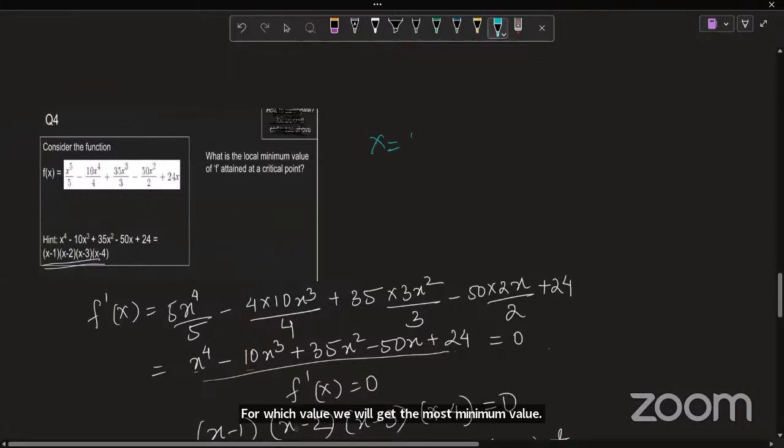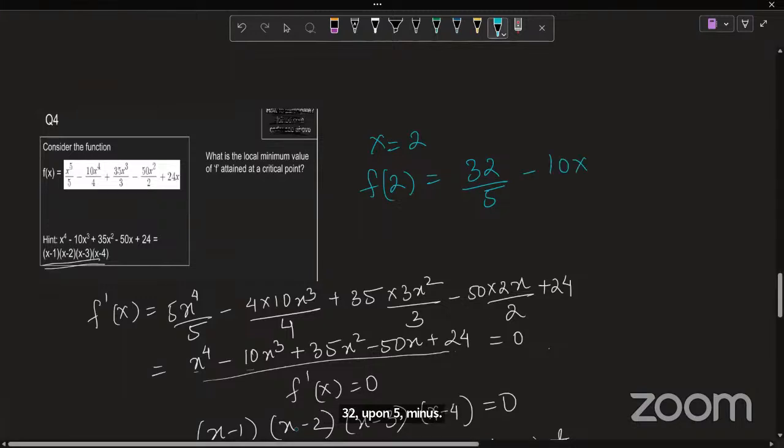For x equal to 2, f of 2 is equal to 32 upon 5 minus 10 into 16 upon 4 plus 35 into 8 by 3.